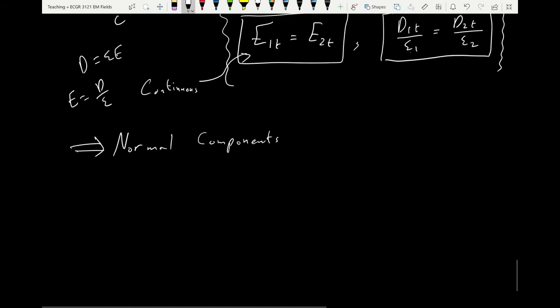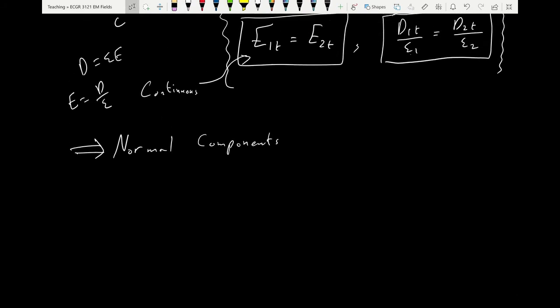Okay, so I'm going to use D for this derivation. We have to remember that D is a polarization vector. D is a quantification of the electric field using its polarization effect, while E is a quantification of the electric field using its strength.